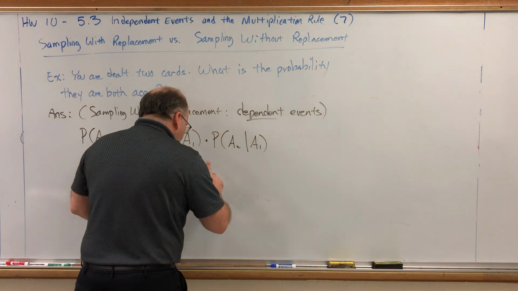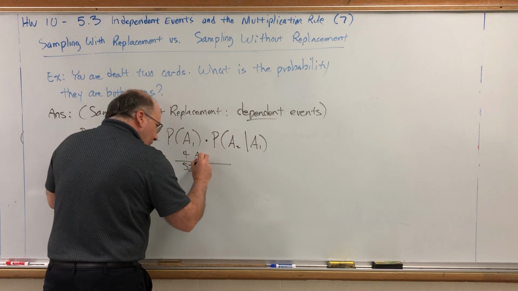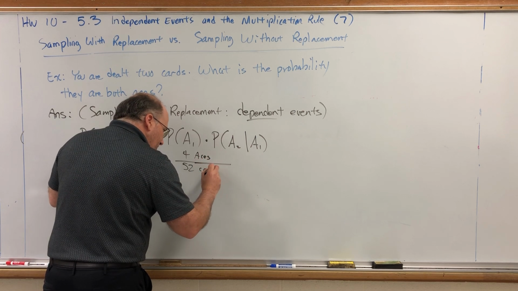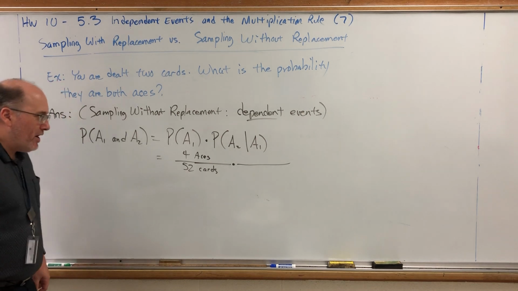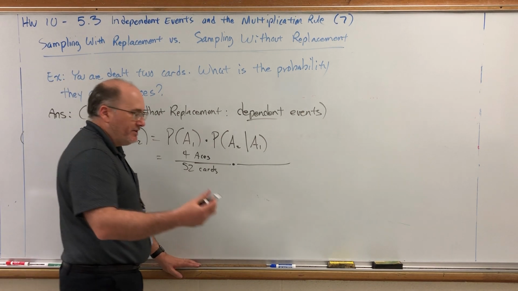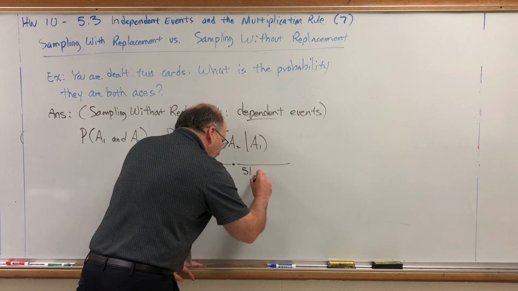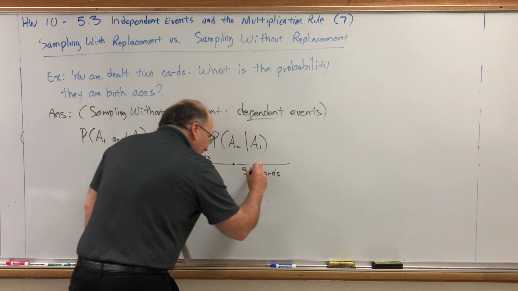Now, before I write that, I want to elaborate on this fraction over here. There are 4 aces out of 52 cards. Now, since this is sampling without replacement, there are no longer 52 cards left. I took one out, I did not replace it. There are only 51 cards left. So 51 remaining cards.